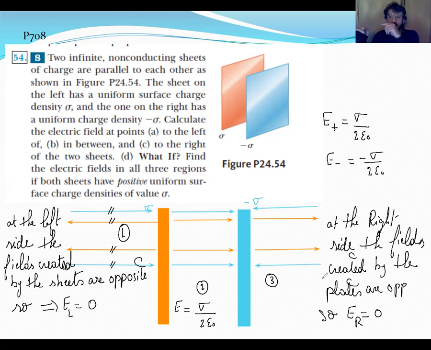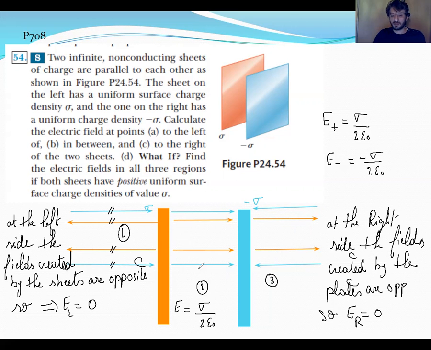The minus sign means the charge is negative, but for the magnitude of the field, it depends on the direction. We cannot put here sigma over 2 epsilon 0 minus sigma over 2 epsilon 0. No, we have to add the absolute values of each one, because they have the same direction.